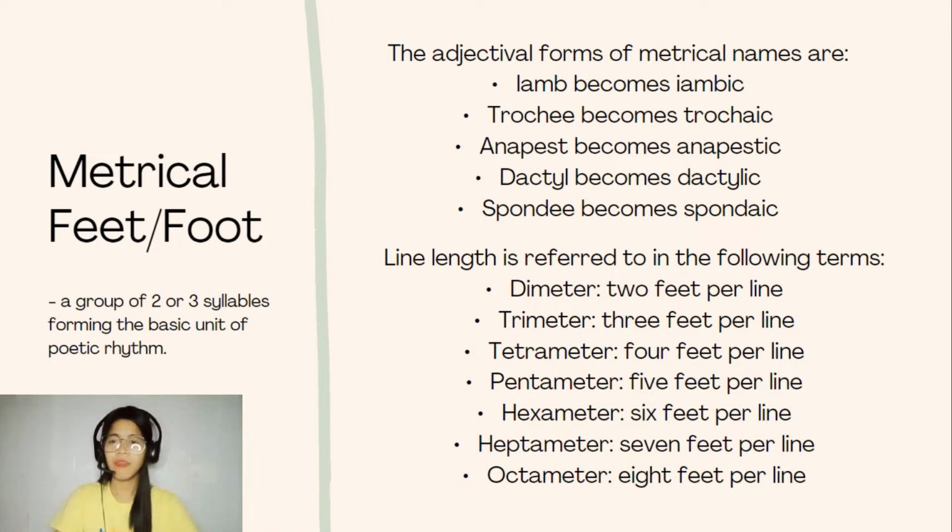So next we have the metrical foot. What does that mean? It is a group of 2 or 3 syllables forming the basic unit of poetic rhythm. Now, the adjectival forms of the metrical names. We already know the meanings of these names, so let's just read them. First we have iamb, which becomes iambic.